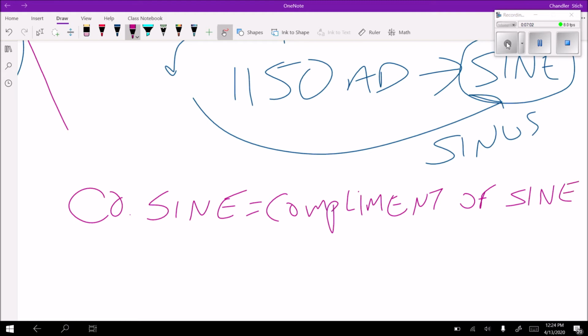Think back to geometry. Complement of a line or a point. Complement means if here's the point I'm given, the complement of that is the blue line here, which gives me the 90-degree angle. So the complement would be the line that gives it a 90-degree angle. Complement meaning 90 degrees. So the cosine is really the complement of sine.